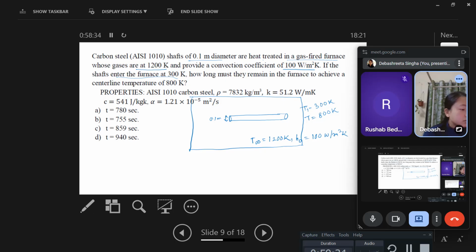So here, this is a problem of lumped capacitance method, lumped model. First, how do you consider it as a lumped model? You have to first find out what is the Biot number, and then you can conclude whether it is lumped method or not. Directly you cannot jump, obviously.